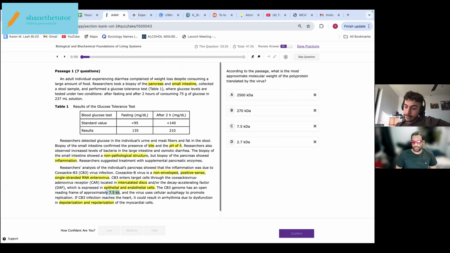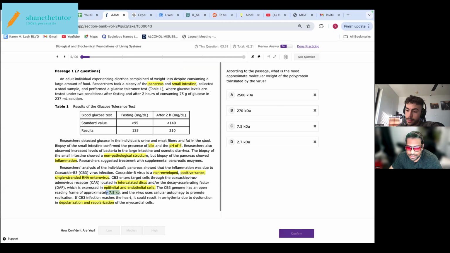So what are you doing in the math? I'm just writing down three nucleotides for one amino acid, and 110 Daltons per amino acid. You're doing it right. So it's just three nucleotides per amino acid.